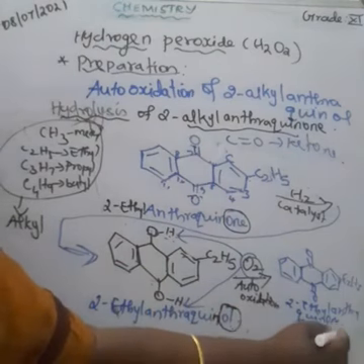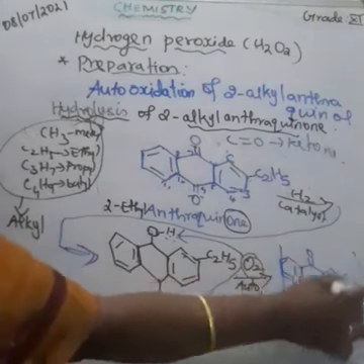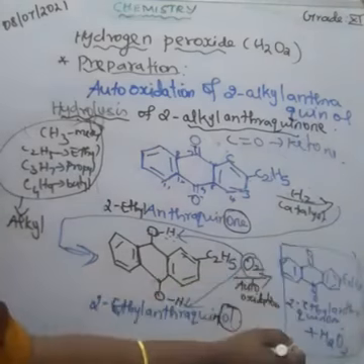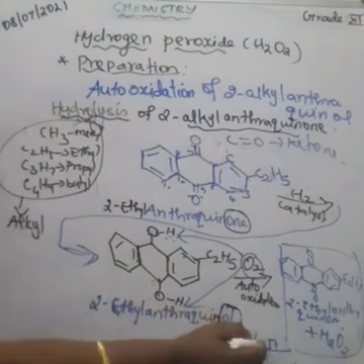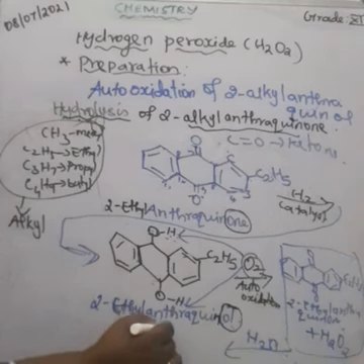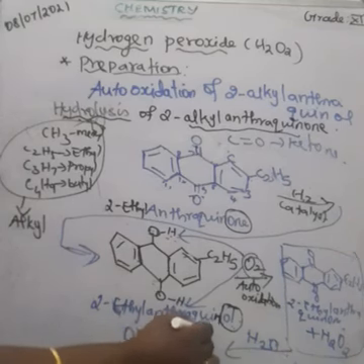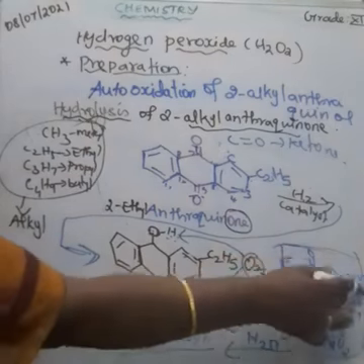When we hydrolyse these two compounds, meaning adding water, we get two layers. The first layer is the organic layer, which is 2-ethyl anthraquinone. Just as when we mix water with oil, the oil floats on top and the water is at the bottom, here when we mix the organic compound and hydrogen peroxide with water, separate layers form.